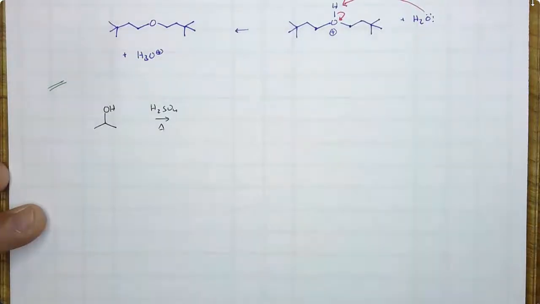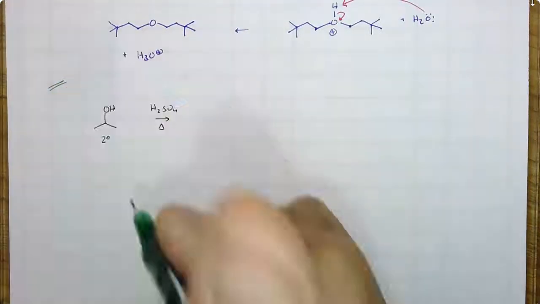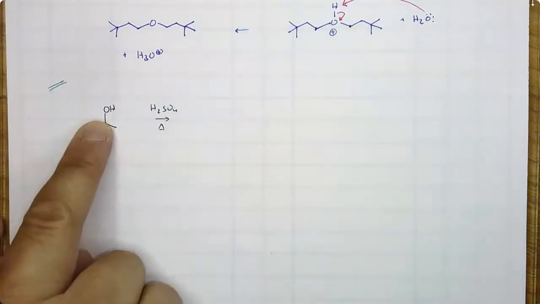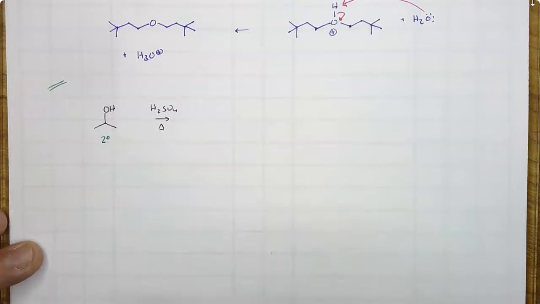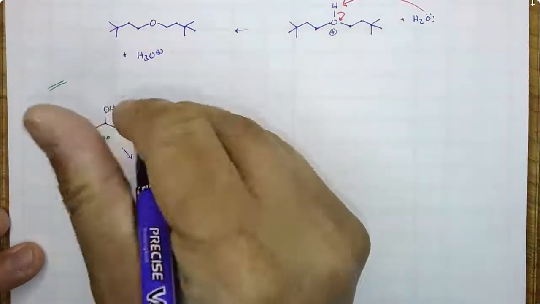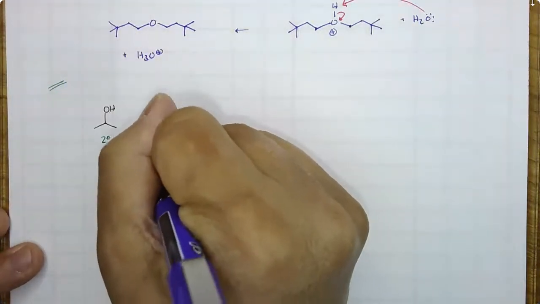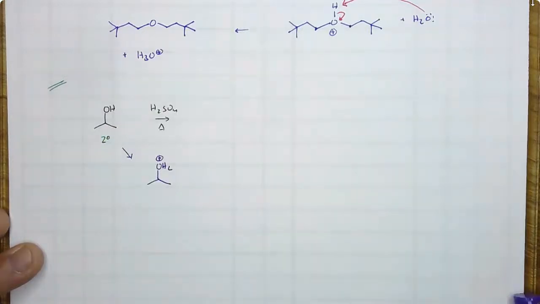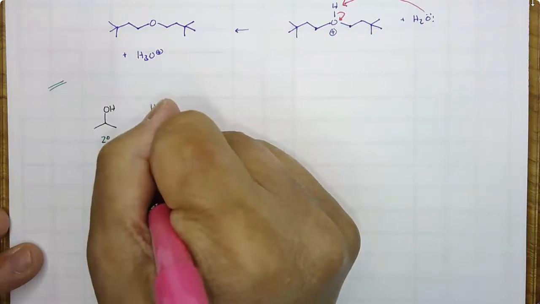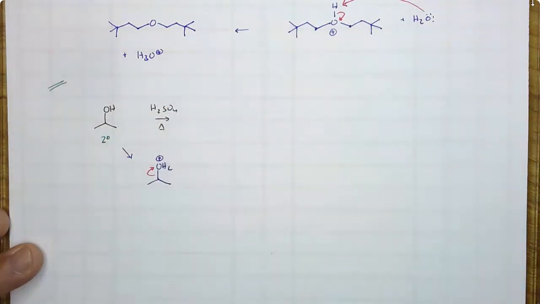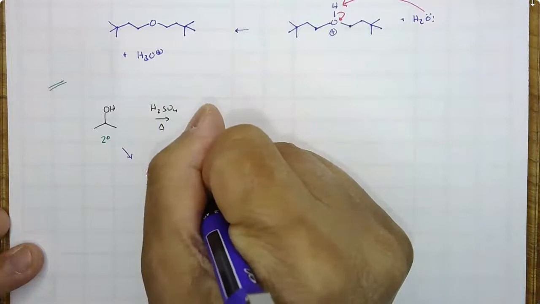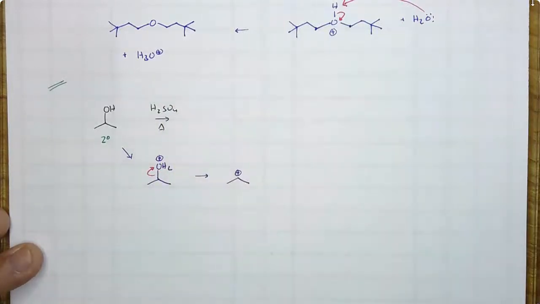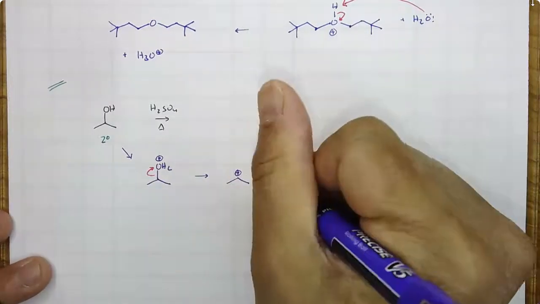What's going to happen here is that since this is secondary, the attack on that oxonium ion, I'm not going to draw out the full mechanism, but we have this. Because it's secondary, what's more likely is you're going to form the carbocation, the secondary carbocation, which is pretty stable. And at this point, we have water.